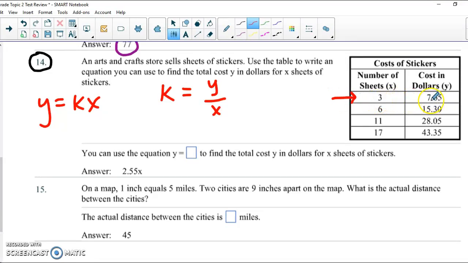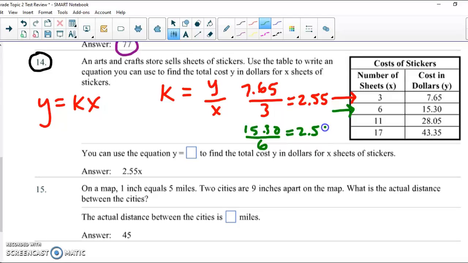Let's look at the first row in our table. Y to x would be $7.65 divided by 3. When I divide that out, 765 divided by 3, I get $2.55. Let's look at the next row in my table. As I look at the y to x ratio, I have 1530 divided by 6, and when I divide that out, I also get $2.55.